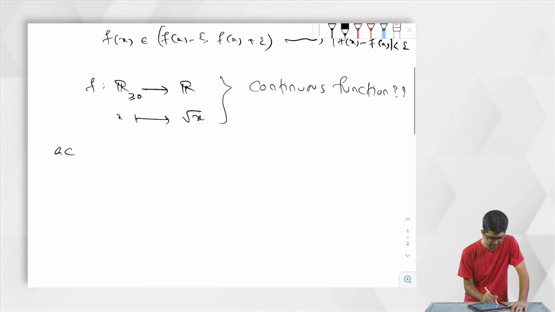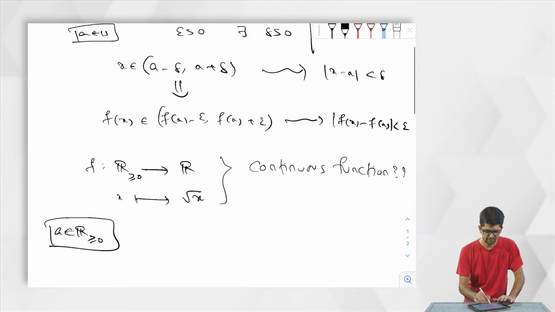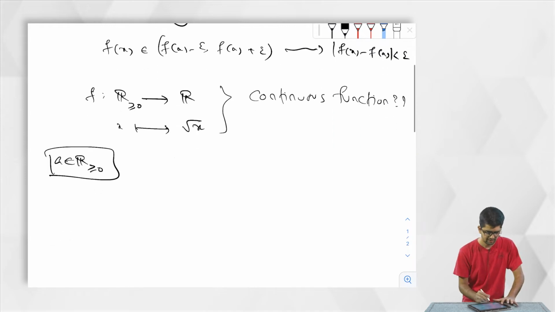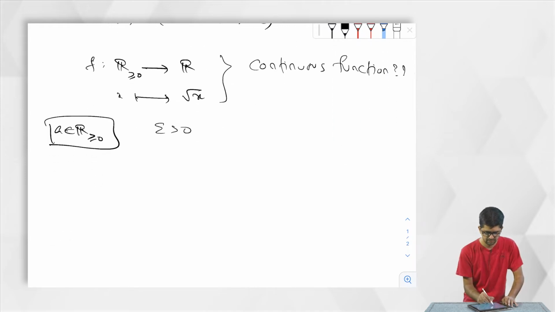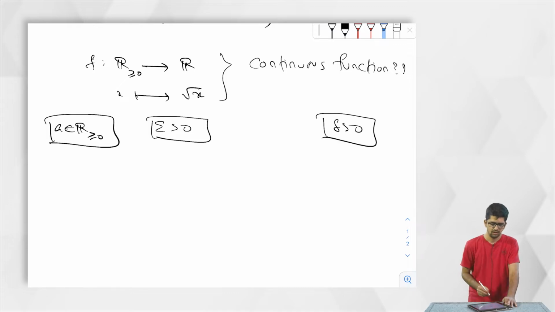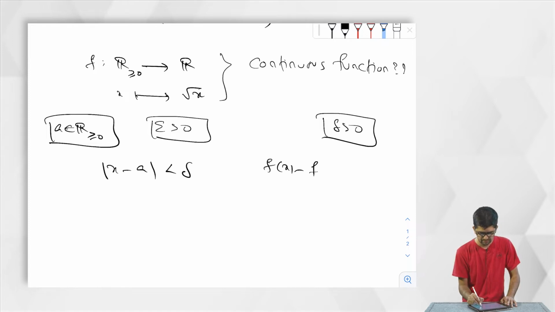Let us fix some element a in R positive and see, given epsilon positive, whether we can produce a delta positive with these properties. Let us fix some epsilon positive. Now we are looking for a delta positive such that whenever mod x minus a is less than delta, we want mod f x minus f a to be less than epsilon.